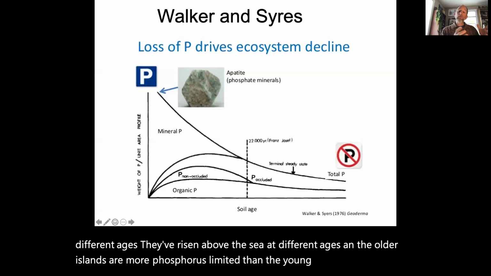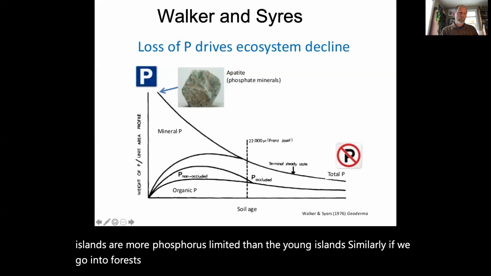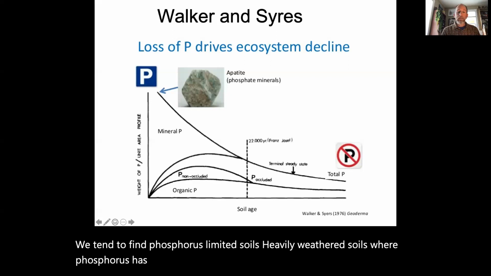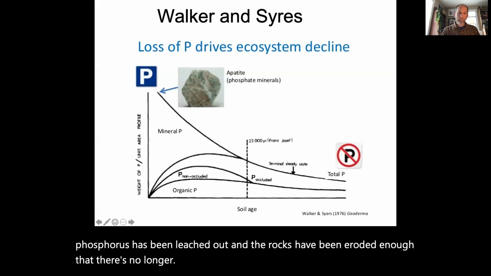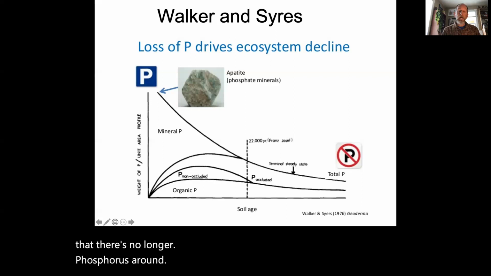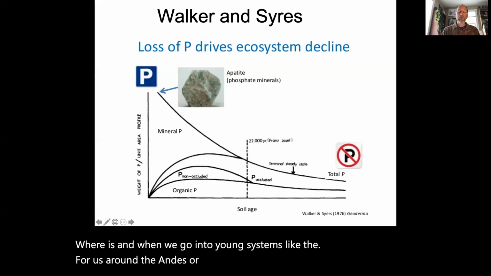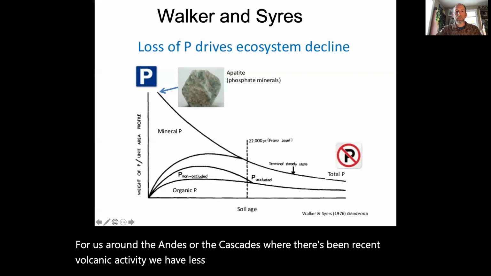Similarly, if we go into forests of the Amazon basin, we tend to find phosphorus limited soils, heavily weathered soils where phosphorus has been leached out and the rocks have been eroded enough that there's no longer a lot of phosphorus around. Whereas when we go into young systems like the forests around the Andes or the Cascades, where there's been recent volcanic activity, we have less phosphorus limitation. And we generally think of those as nitrogen limited.